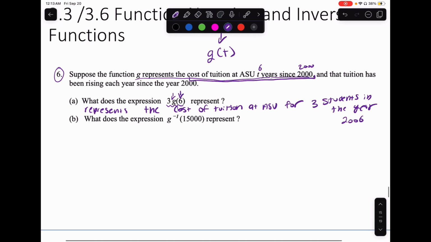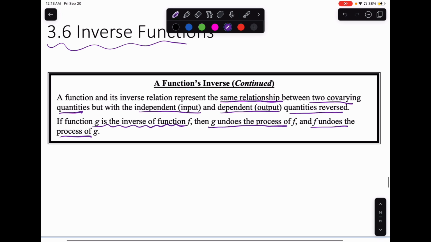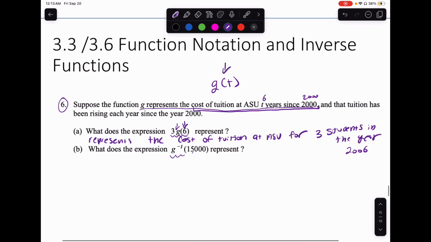Now, what does the expression G inverse of 15,000 represent? If we remember from our definition, a function and its inverse represent the same relationship, but the independent and dependent quantity is reversed. So in this case, our independent quantity was T, years since 2000.